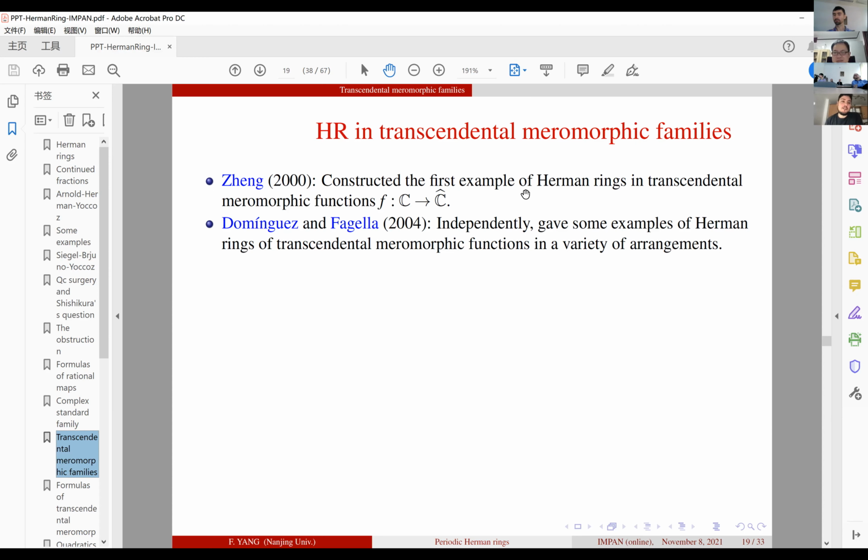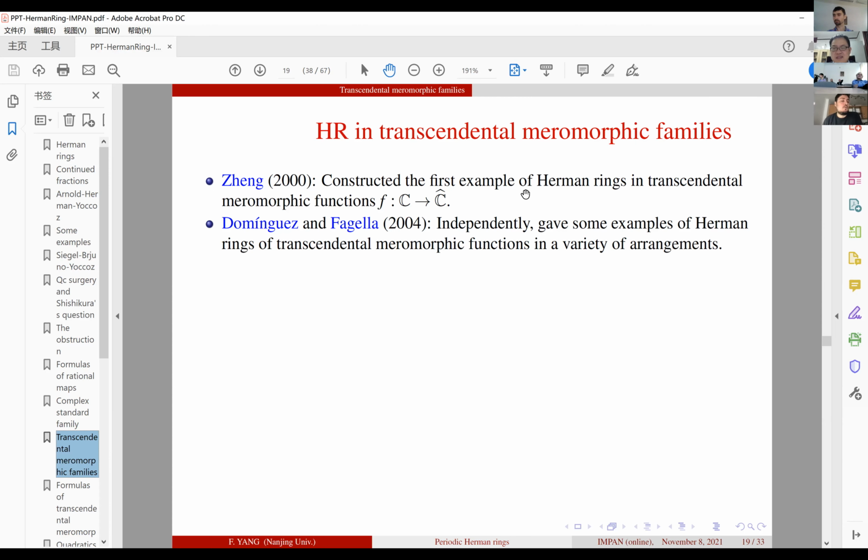Can I ask another question, Artyom? Sure, yes. So I also wanted to ask about functions that are holomorphic in C star. They can have a Herman ring, right? But it needs to be very special because it needs to separate 0 and infinity, and it needs to be invariant, of course, because there can only be one of these doubly connected Fatou components in that case.